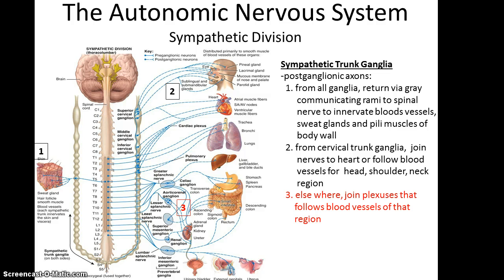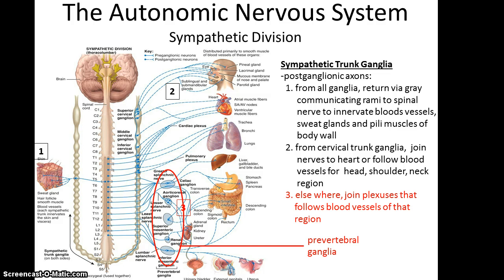Or, if they're coming from a lower portion, they may be going instead to various organs found in the abdominopelvic cavity, where they will join into some of those plexuses we talked about earlier and follow blood vessels to the important organs, whether it's the GI tract, the kidneys, the urinary bladder, and so forth.